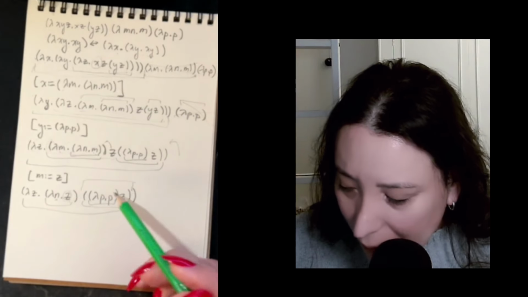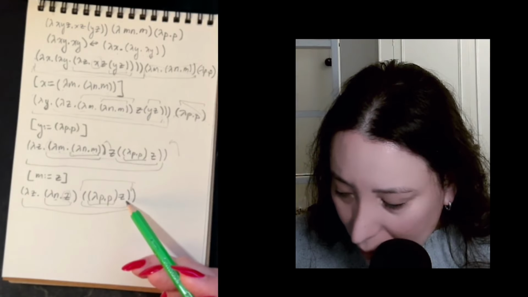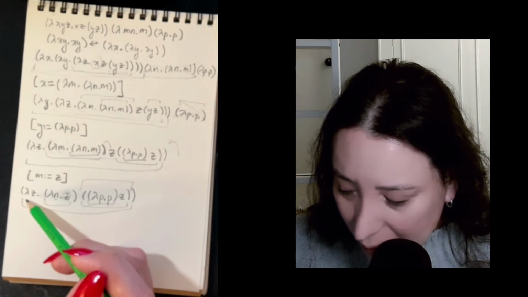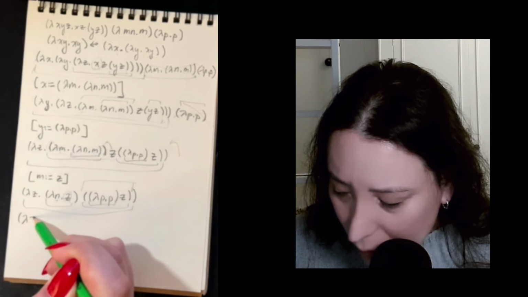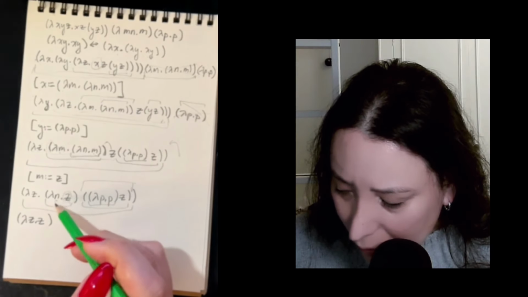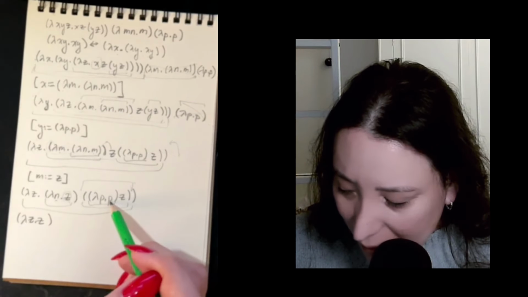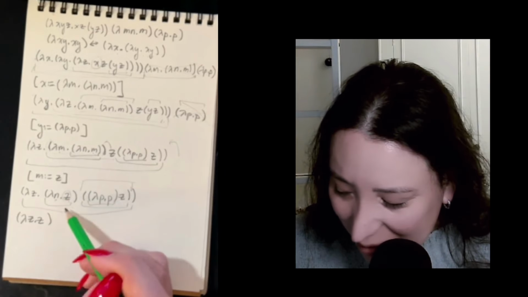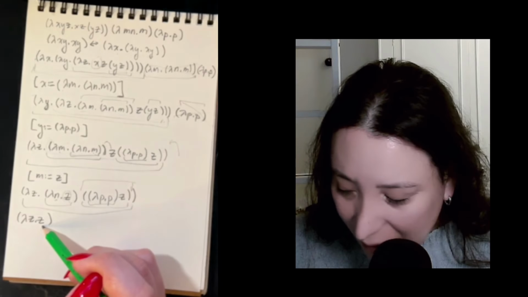So we can kind of really ignore this whole thing and just return. The answer is going to be z dot z, because we're going to replace n with this, but n's not in here, so it's just going to return z, and then we end up with the identity function.